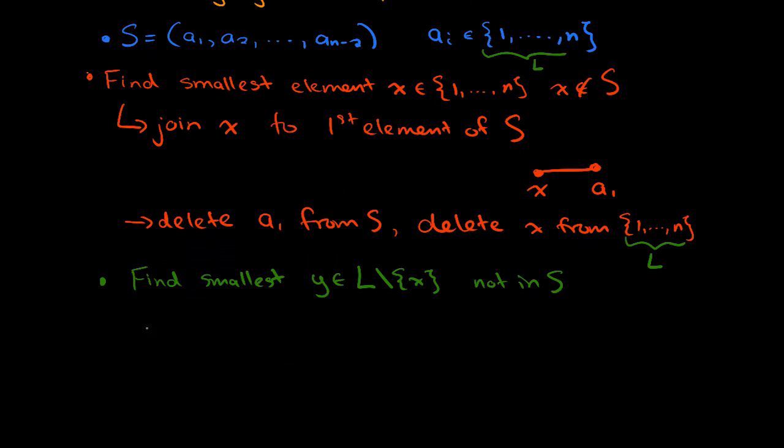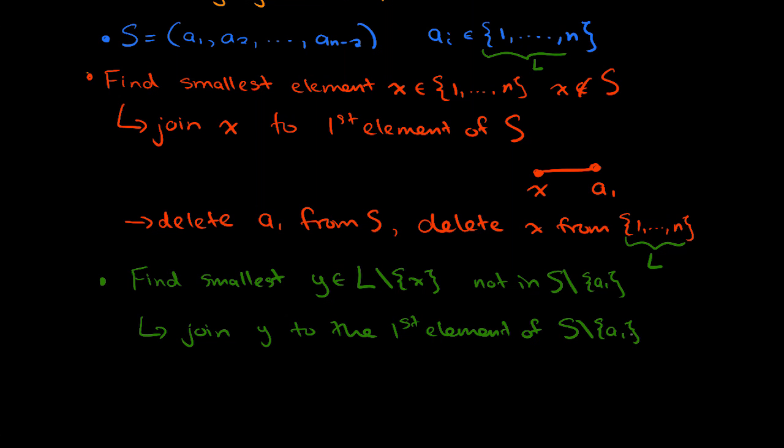What we're going to do is the same process. We're going to join y to the first element of S, and again, this S doesn't have A1. To be super clear, this is S without A1, and the first element of that is, of course, A2.